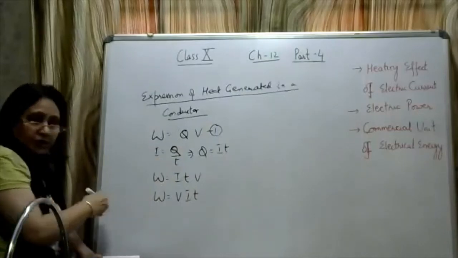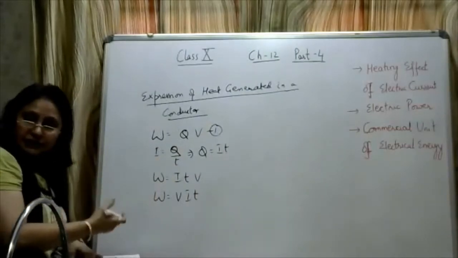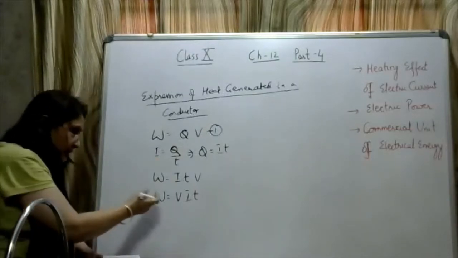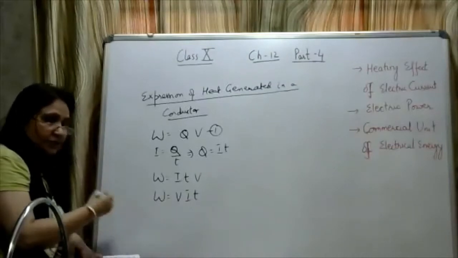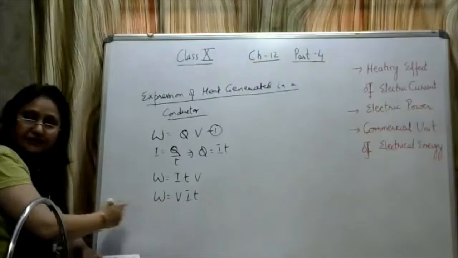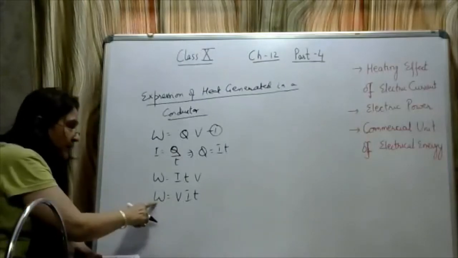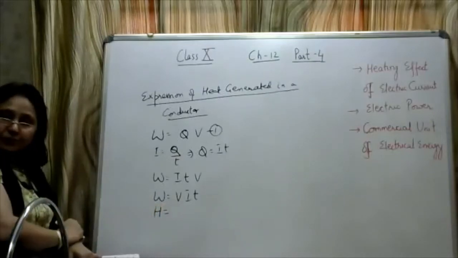Okay, now this is the electrical work done in case of the heating effect of electric current. In case of the heating devices, where the electrical energy is purely converted into heat energy, like electric geyser, electric toaster, electric iron, etc., there the electrical work done is equal to the heat energy produced.